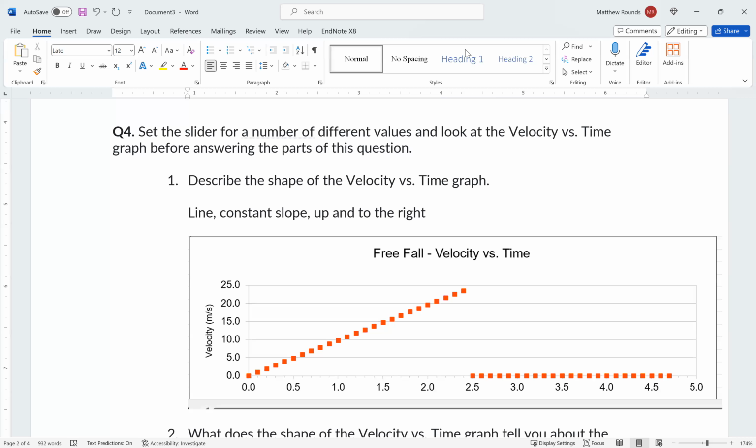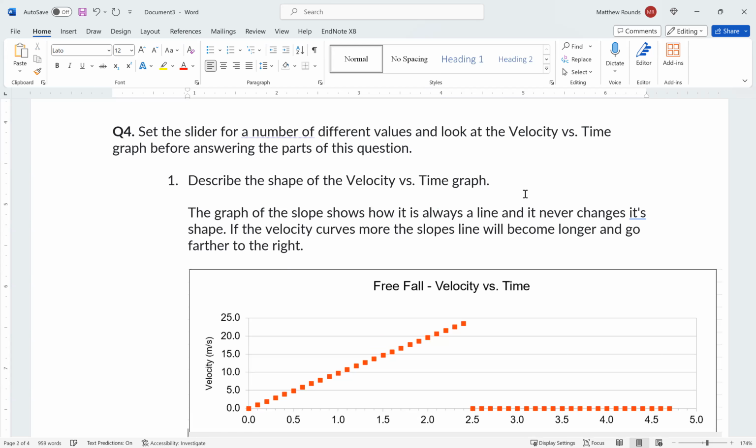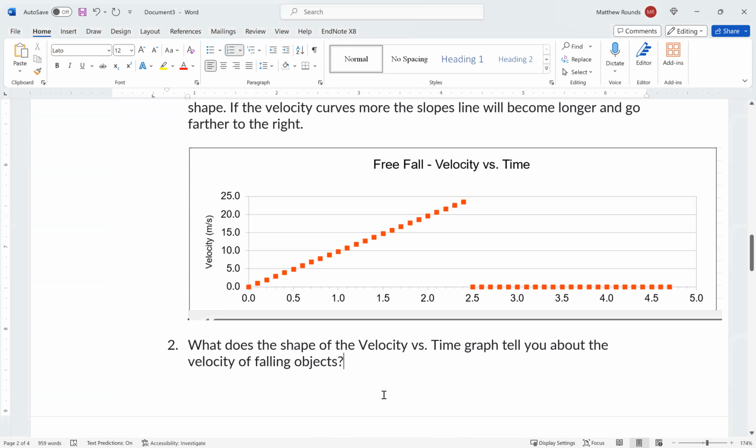All right, here's what I typed. Okay. All right, so now, next one, the word you have to use here is constant slope.